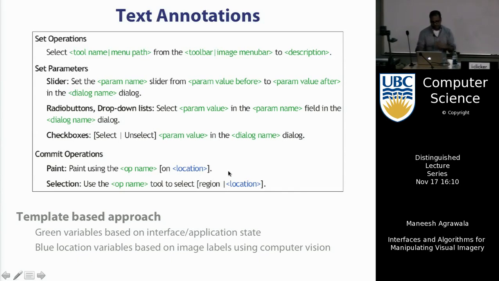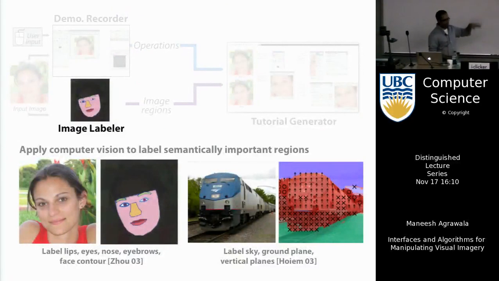Okay? That's the kind of result that we get using this approach. And as I mentioned before, the labeling comes from computer vision. We use a face detector as well as a sky, ground plane, vertical plane detector shown here.